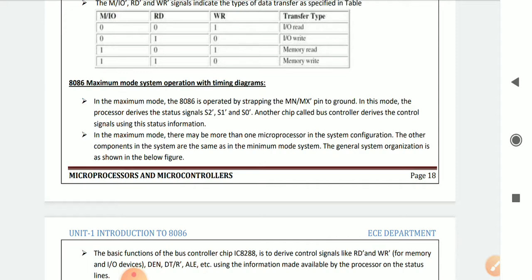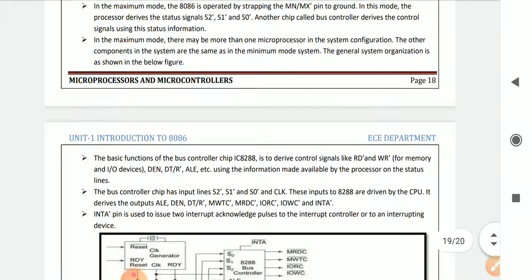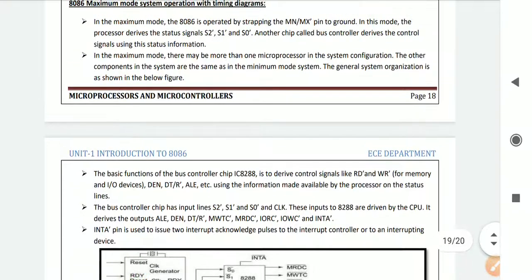Okay, so in this mode of operation, there is more than one microprocessor in the system configuration. Okay, the other components in the system are the same as in minimum mode systems, meaning the individual processor will have the same type of pins as in minimum mode of operation.